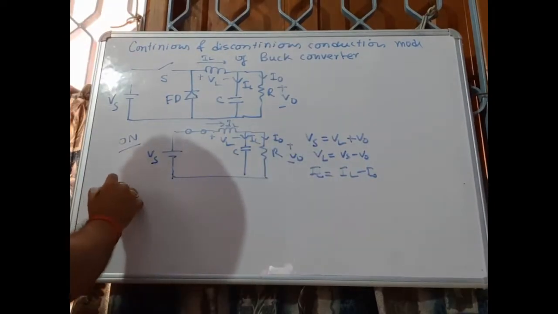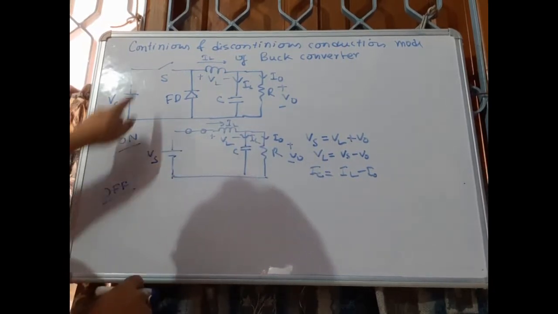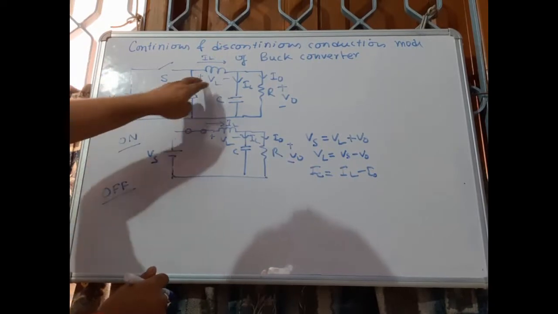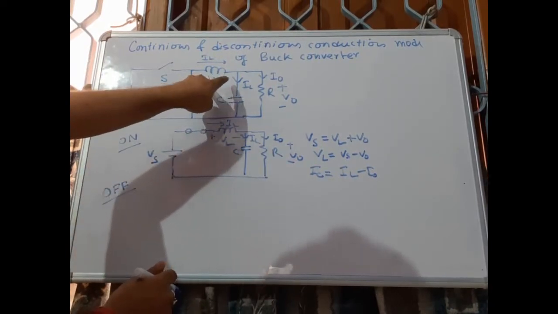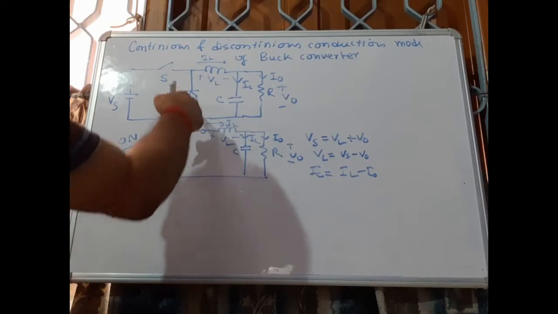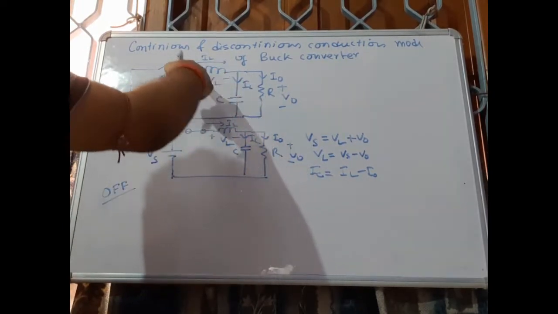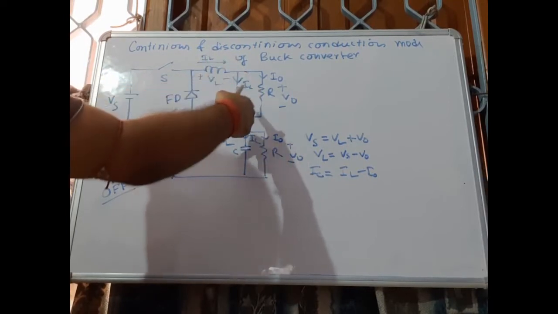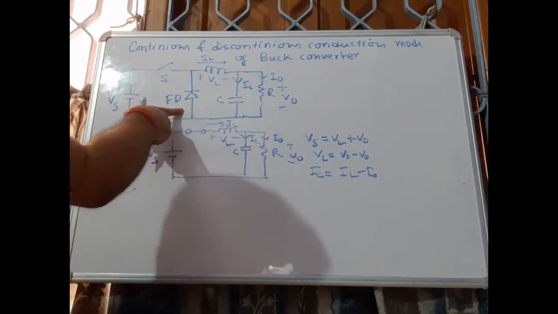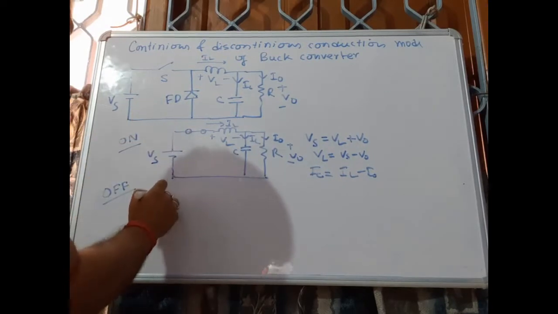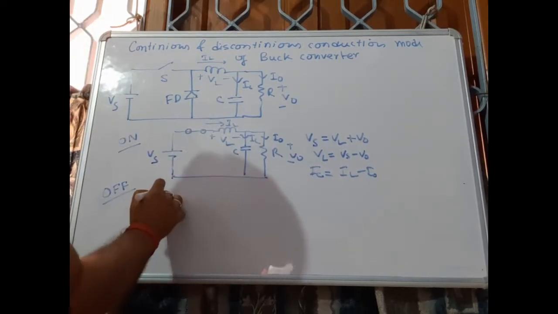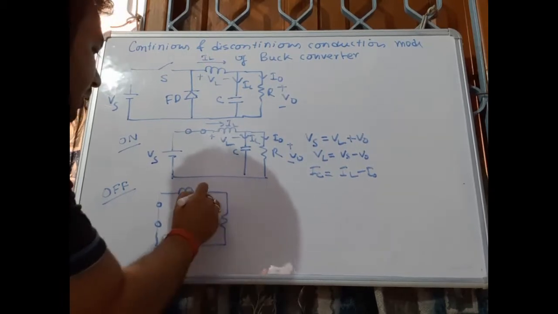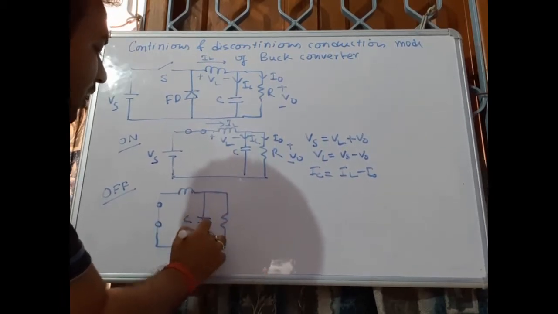And for off condition, what we have, we don't have this source, and this inductor will discharge. So the current for the inductor is flowing through the free wheel diode, and this free wheel diode behaves like a short circuit. So this is the short circuit path, this is inductor, this is R, and you can consider this C as well.